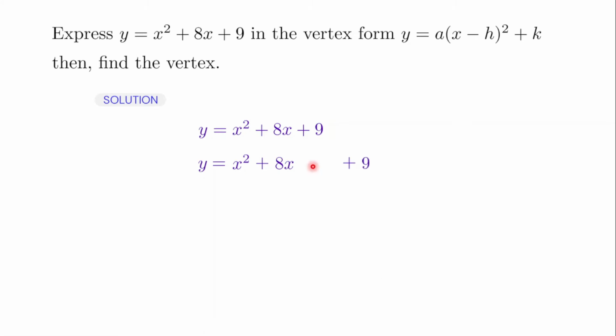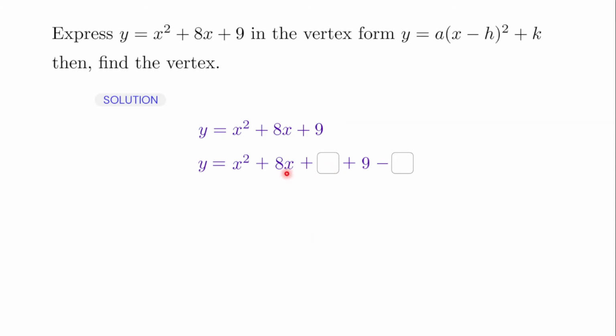Now here, we're going to add another term so that x squared plus 8x plus the number that we're going to add will be a perfect square trinomial. But this same number that we're going to add, we also have to subtract so that we're not changing the equation. So how do we now get this value?